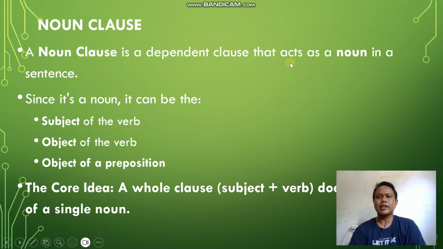Since it's a noun, it can be the subject of the verb, the object of the verb, or the object of a preposition. The core idea is that a whole clause that has a subject and verb does the job of a single noun.